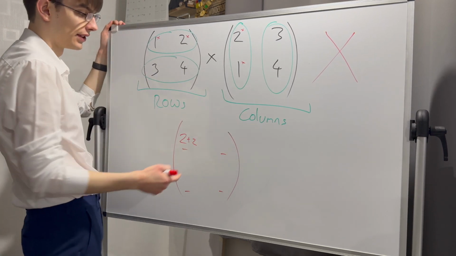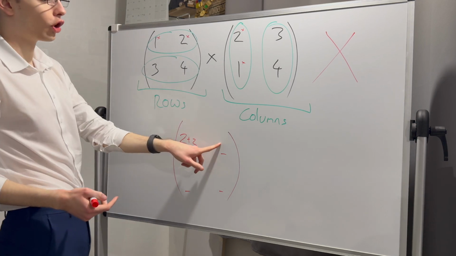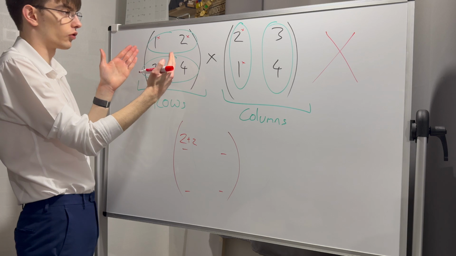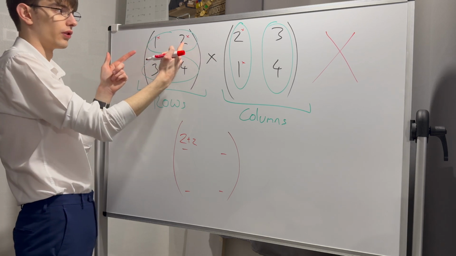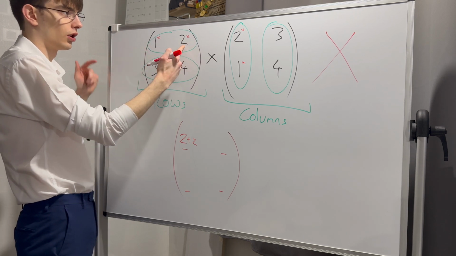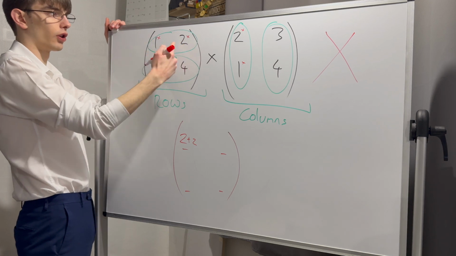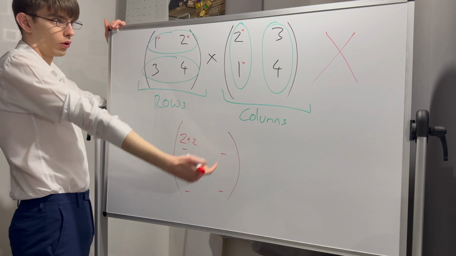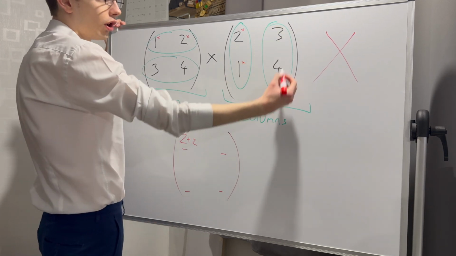Okay, what about this one? Well, top right. Where's my top right row in this matrix? There's this one. It's the row that contains my top right. So once again, I'm going to be working with this row. And then in this matrix here, where's my top right? It's in this column.